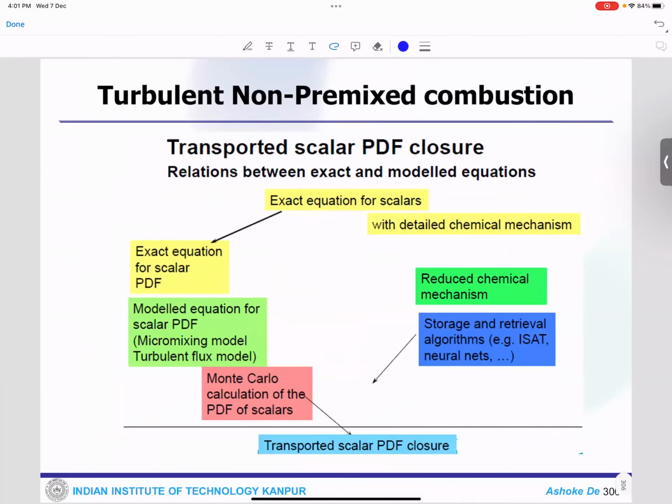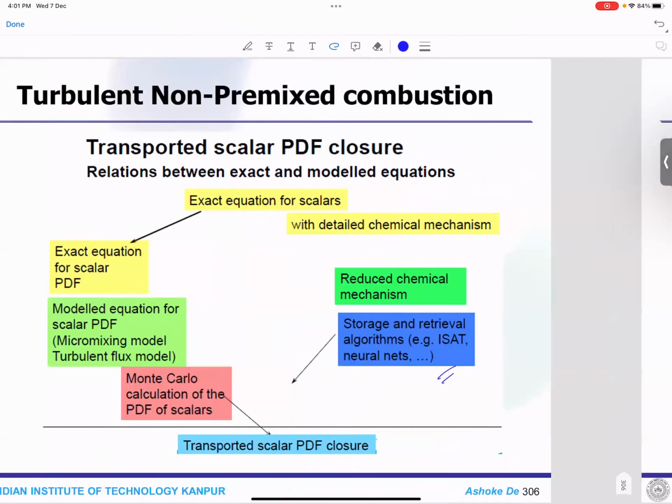Now, as I said, the transport PDF equation, you solve using the particle based method. Obviously when you do that, it's going to be computationally expensive, and you may have some restriction on the chemistry, because if you go for detailed chemistry, it's going to take a lot of time. Storage and retrieval of the parameters can also lead to a problem.